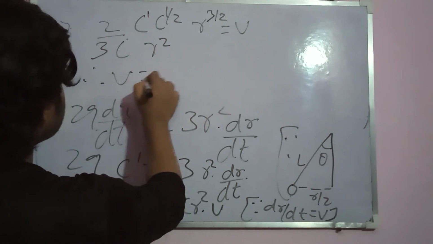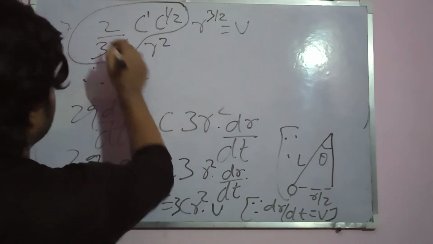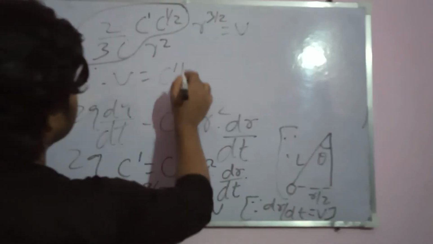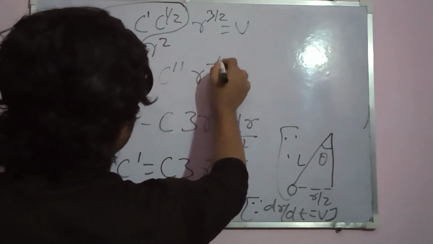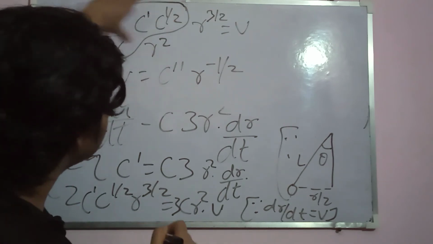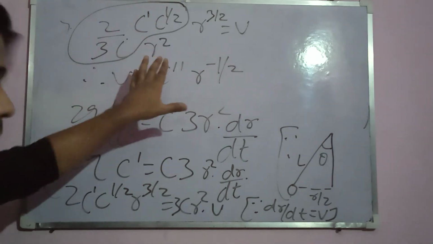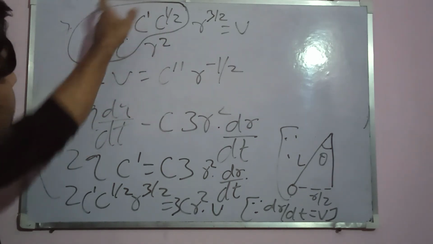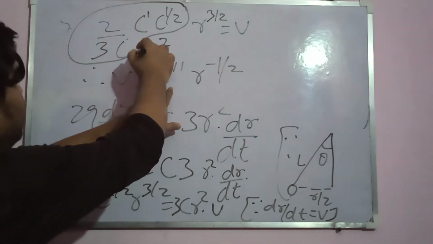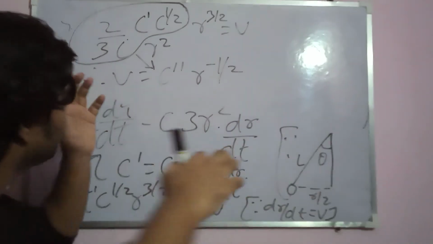Therefore v is equal to, this whole becomes one constant, so I can write r power minus 1 by 2. These are also constants; this whole term is a constant, so I can replace it by one constant.